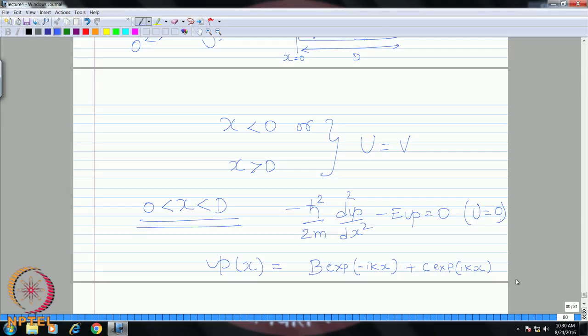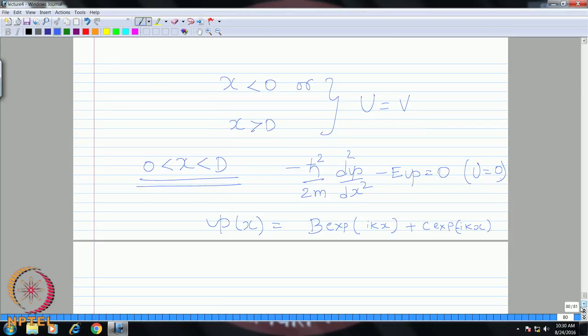I think it has to be the other way. Plus should be for the right running wave and minus should be for the left running wave.